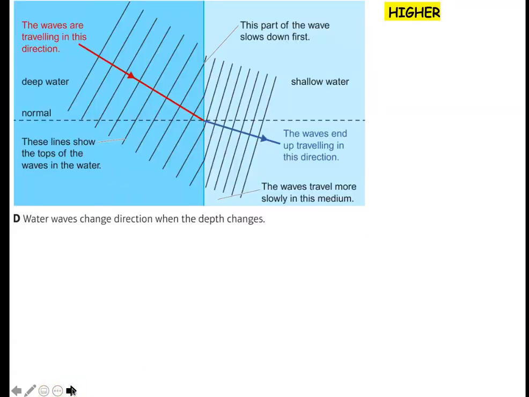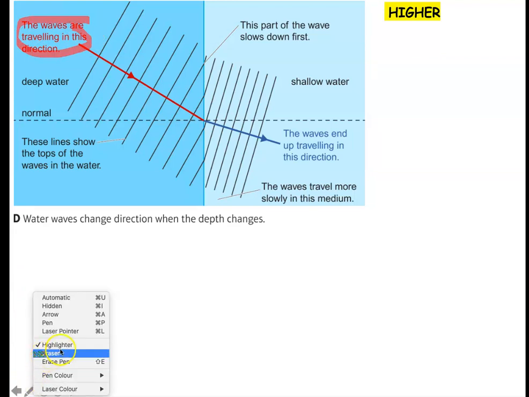Now, the last one is an important one. This is covered for the higher tier, if you're doing the higher tier for GCSE. What we see here is waves moving from deep water into shallow water.